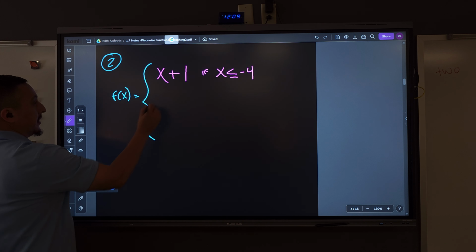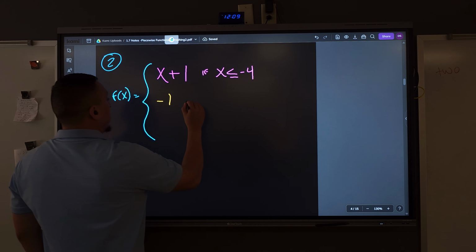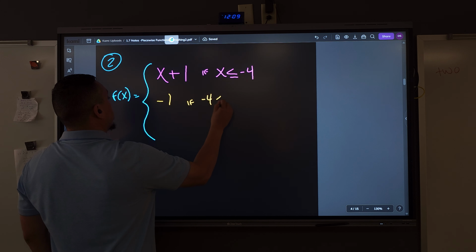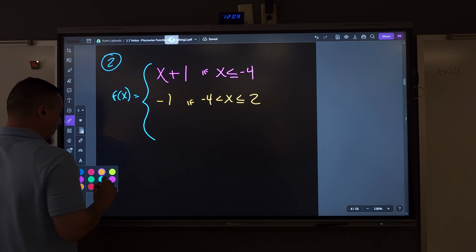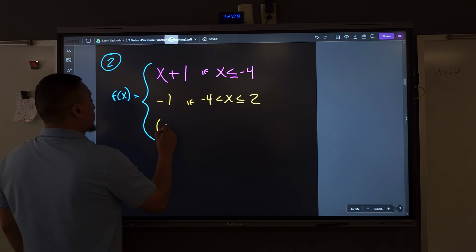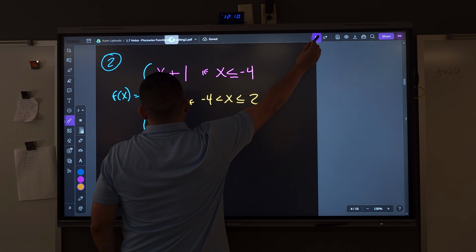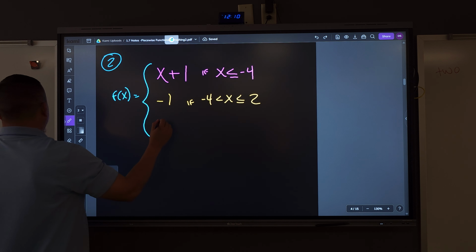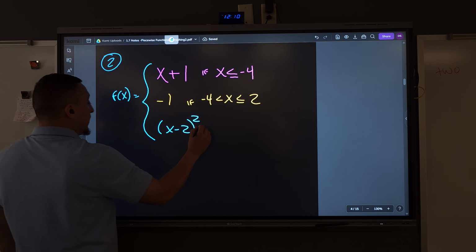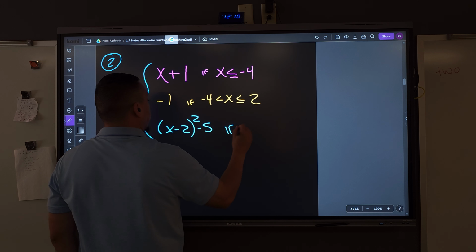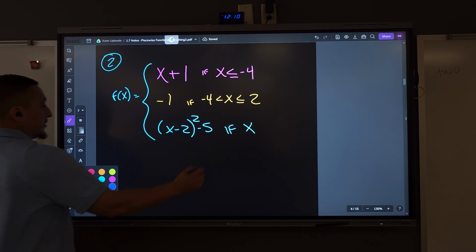Let's do negative 1 if negative 4 is less than x less than or equal to 2. And let's do x minus 2 squared minus 5 if x is greater than 2.